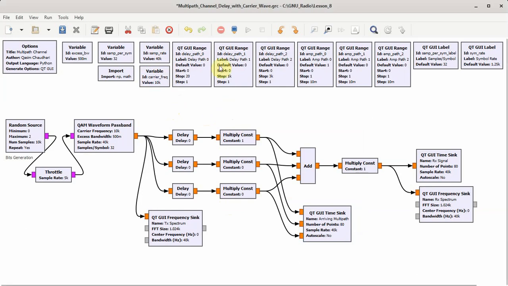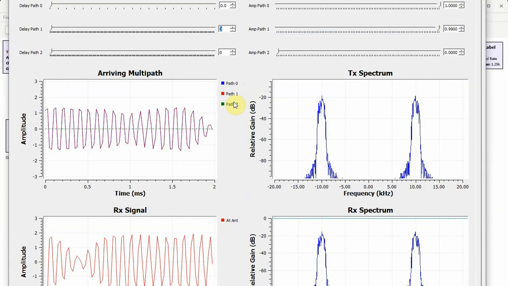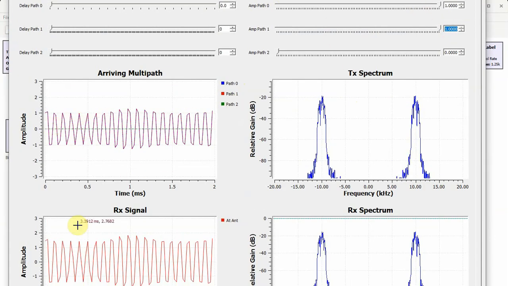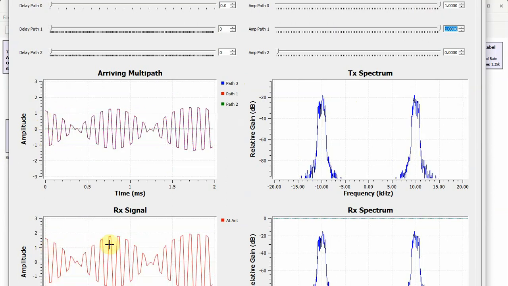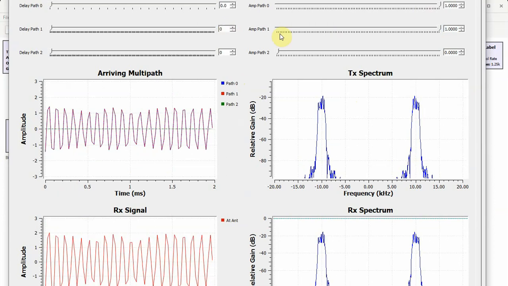is 4. So we expect that when we run the flow graph, we should see a constructive interference if the delay is 4 samples. The first thing you notice here is that this is from -1 to 1 and this is from around -2 to 2. So they are adding in phase, which is evident because there is zero delay for the first multipath as well with maximum amplitude.